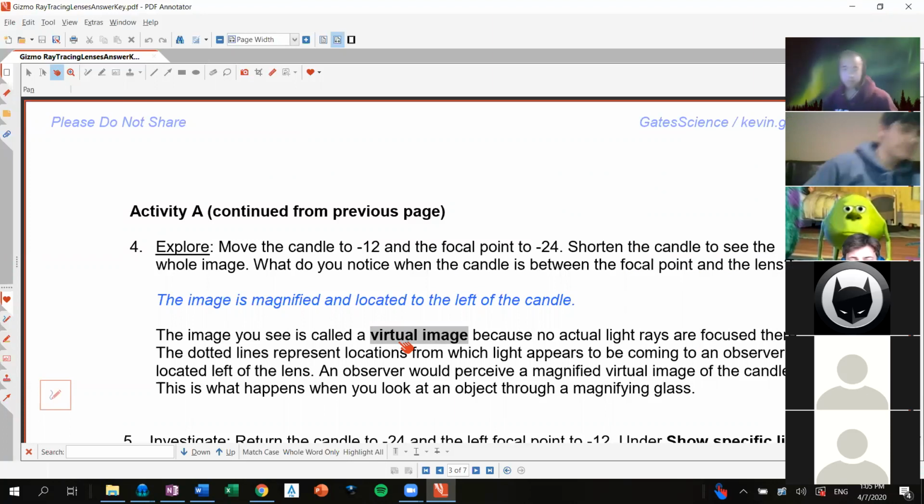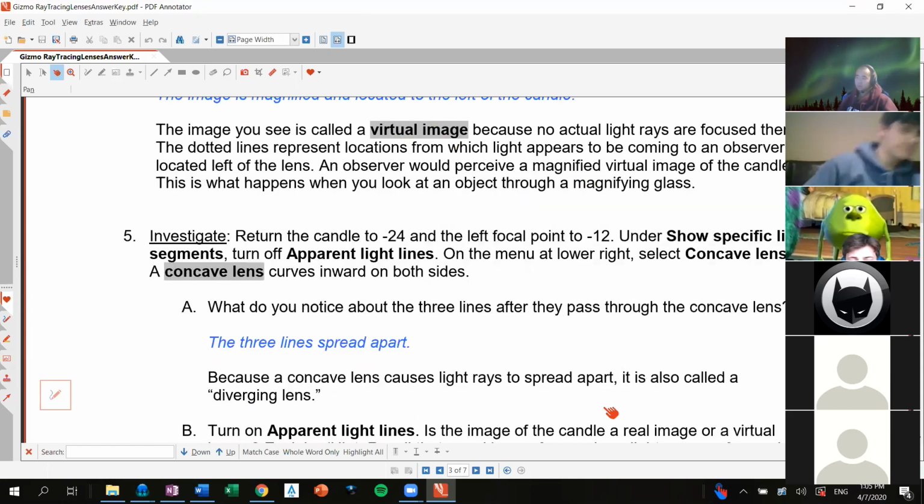So in this case, when the candle is between the focal point of the lens and the lens itself, what we should notice is a virtual image forming because no light rays are actually converging on the other side. So as such, we see a virtual image. Any questions about that so far? Okay, off to a good start.